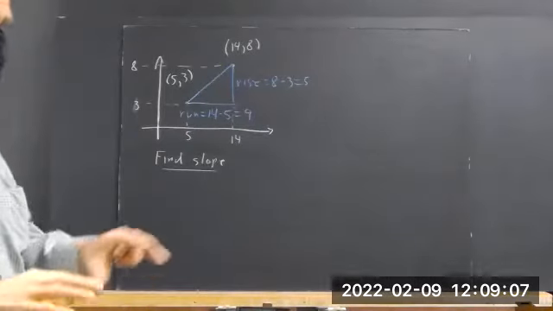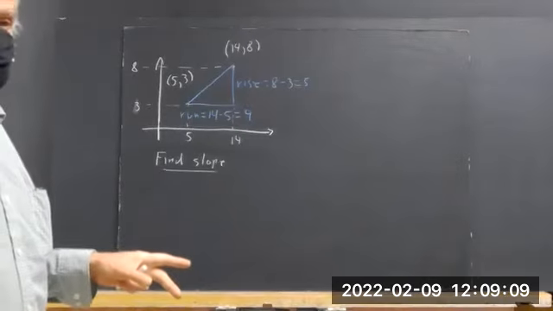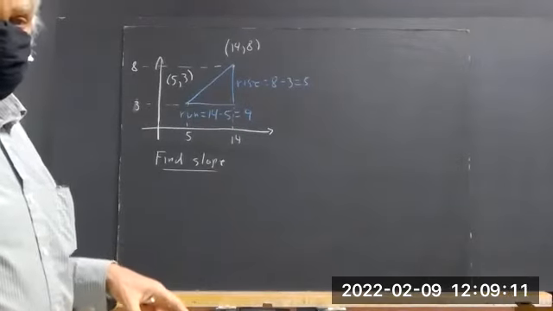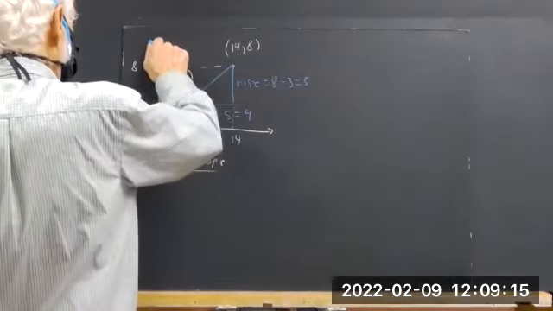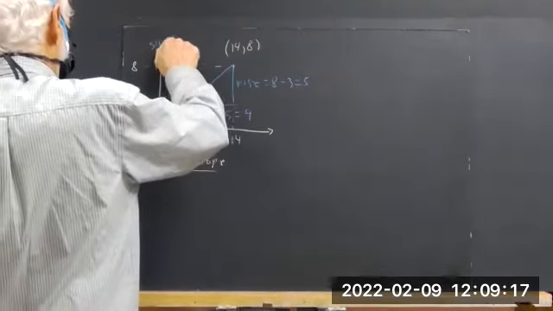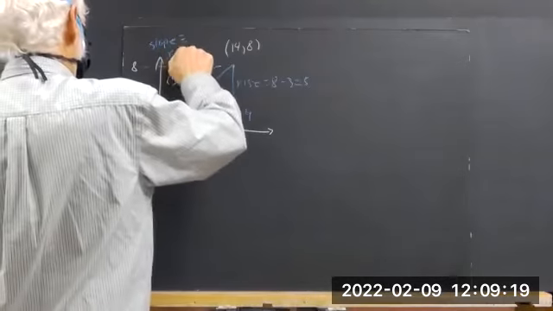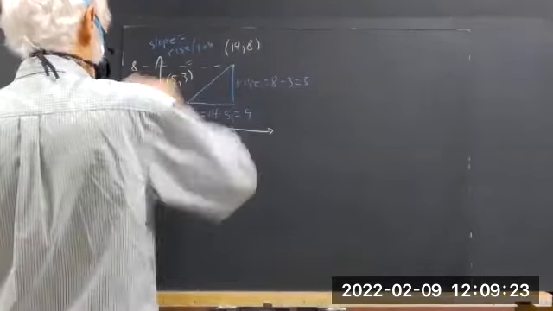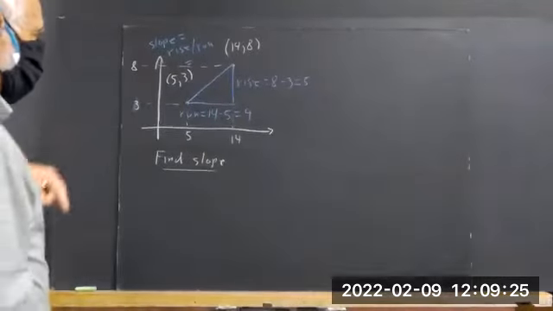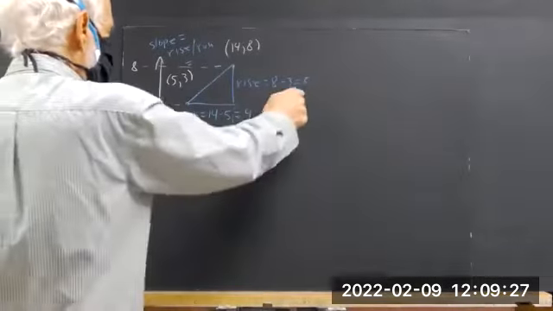And I advise you write out everything that I write out here, instead of using a formula, okay? The slope is rise over run, which is 5 over 9.